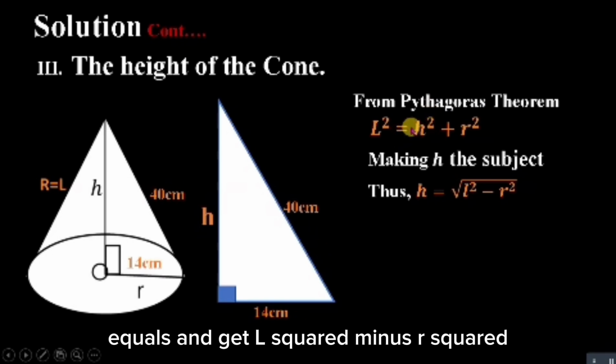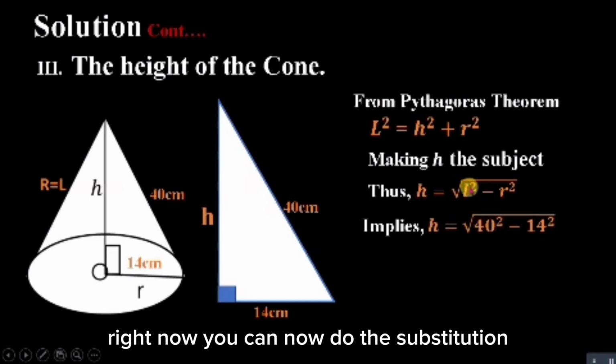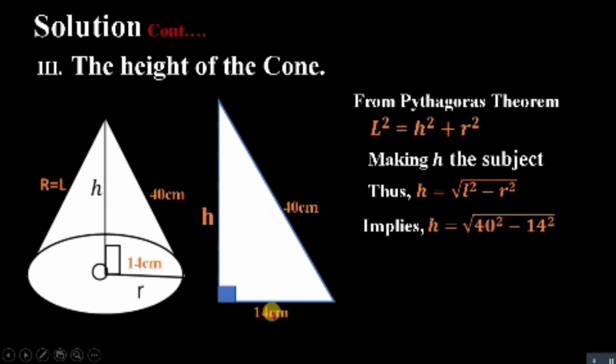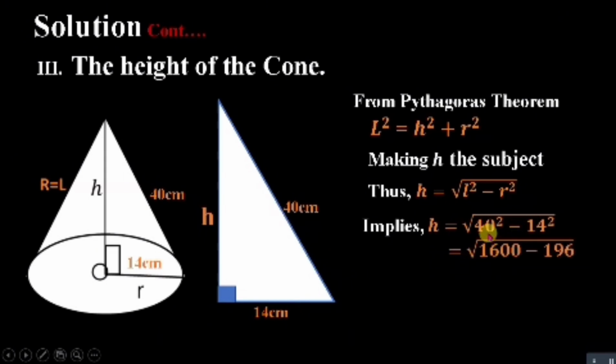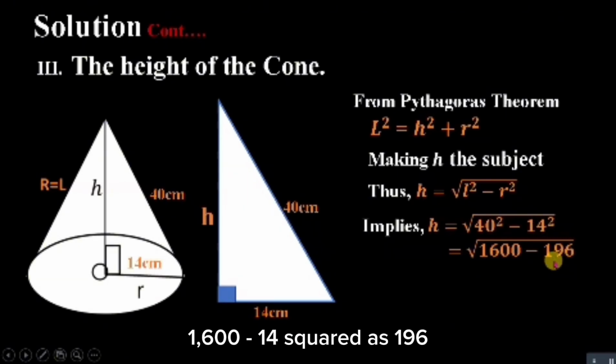Right? Now you can do the substitution. L is 40 centimeters, which is the big R that was here, the same as the l. And then we have the base radius, r, 14 centimeters. Then you square it, implying that 40 squared is 1,600 minus 14 squared, which is 196, and that gives me 1,404 if you subtract it.